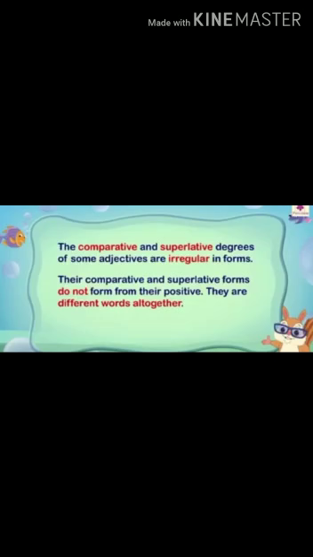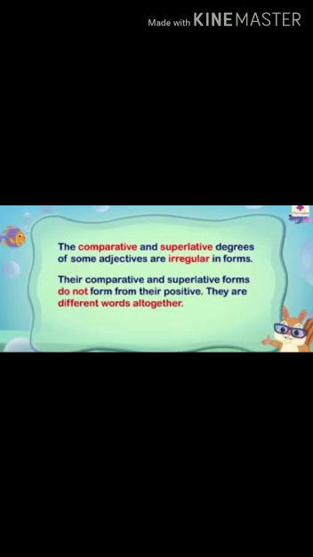So, children, we also see that the comparative and superlative degrees of some adjectives are irregular in forms. Irregular in forms means, suppose we have the word fast. So the comparative form will be faster and the superlative form will be fastest.